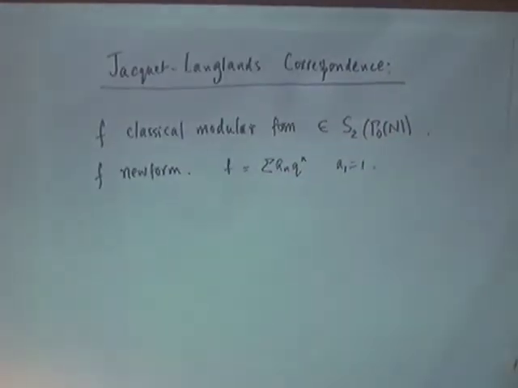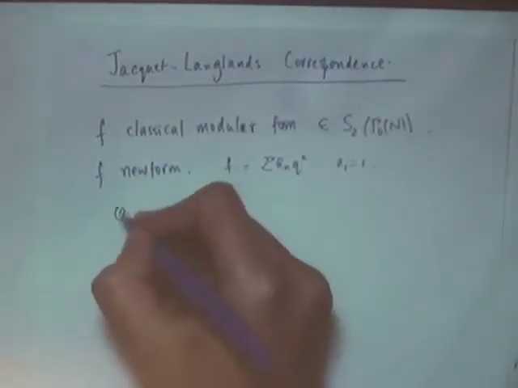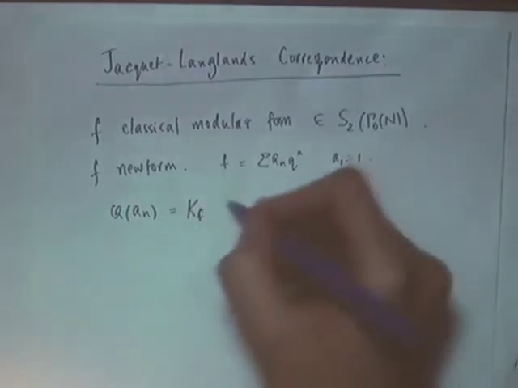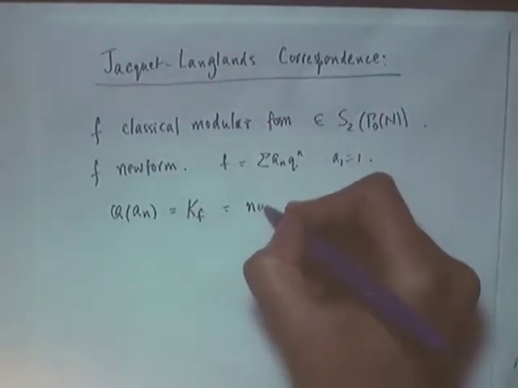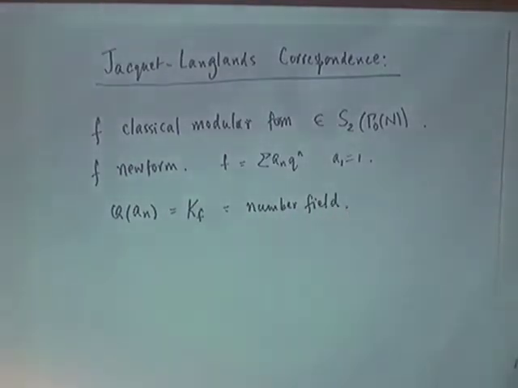So if you wish, f is the sum of a_n q^n with a_1 equals 1. Okay. Now, what one knows is that if you look at the field generated by all the a_n, so Q adjoin all the a_n, we'll call this field K_f. This is a number field. Okay.